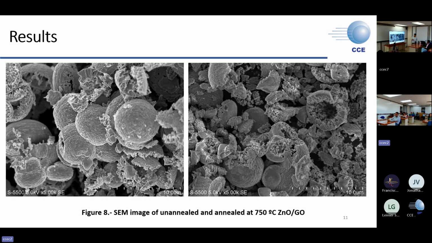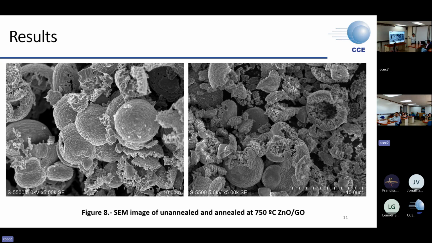This is the morphology of the material. As I said before, microbial synthesis gives us a very good, well-defined morphology. We obtain some spheric hollow spheres, sorry. Actually, if we reduce the amount of zinc oxide, we obtain another kind of morphology.